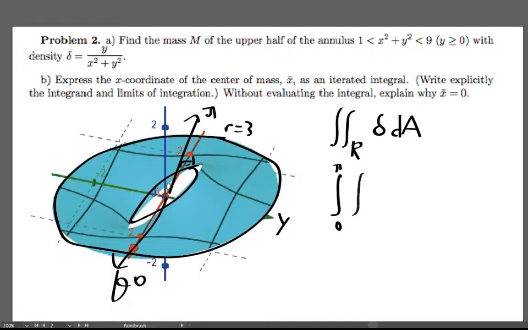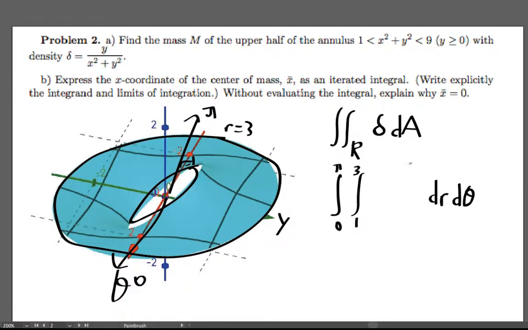And then for the radius, it would be from radius 1 to radius 3. It is never changing, so we were lucky to get that.